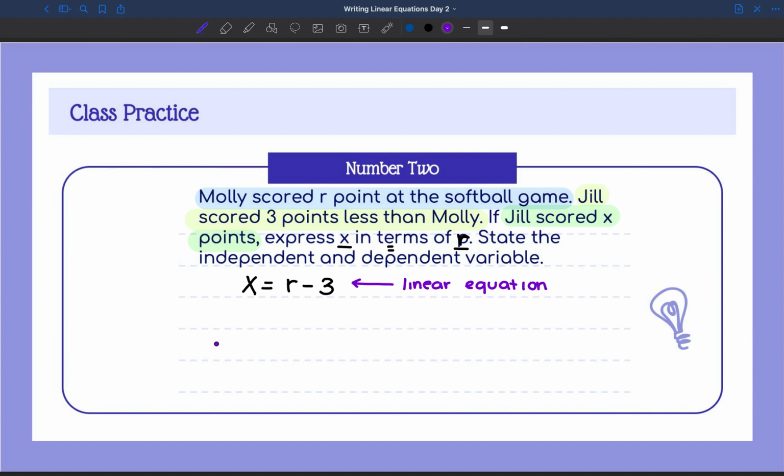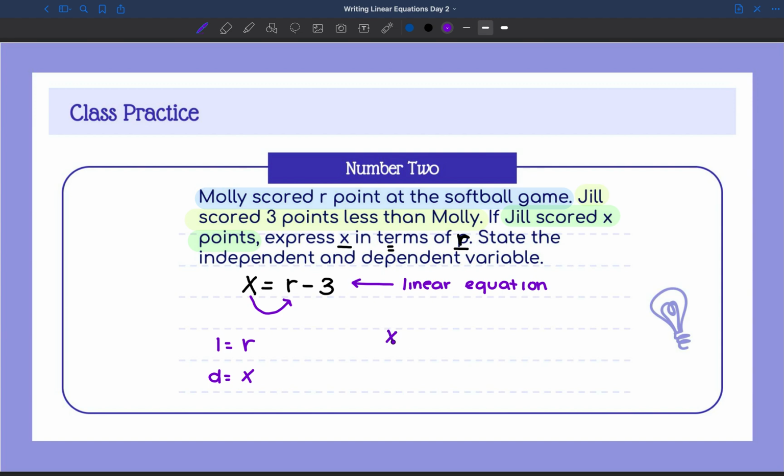And now we have to figure out what the independent variable is and the dependent variable is. Well, our independent variable is going to be R, and the dependent variable is going to be X, because X relies on R's value. Because let's say that Molly scored, instead of R points, 5 points now.